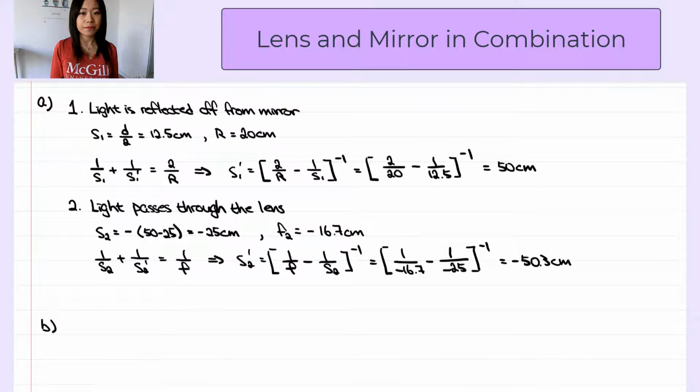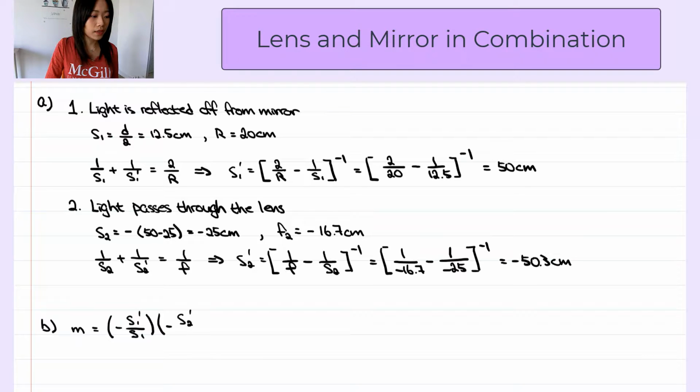Now let's look at part B. We want to find the total lateral magnification, M. When we have a combination of lenses or mirrors, the total lateral magnification will be the product of the magnification from each lens or mirror. So M will be negative S1 prime divided by S1 times negative S2 prime divided by S2.